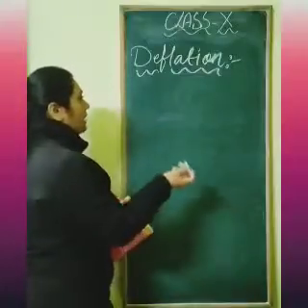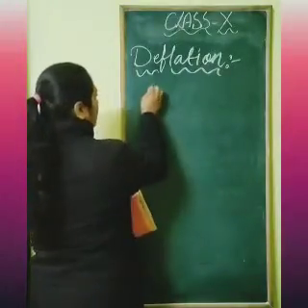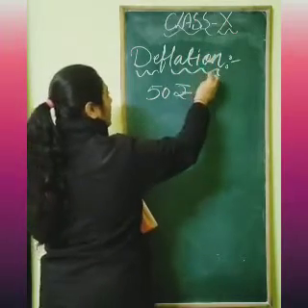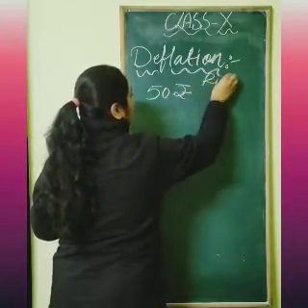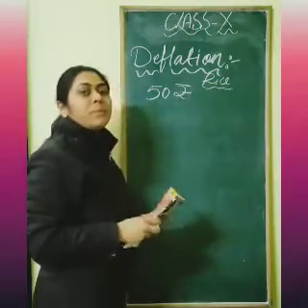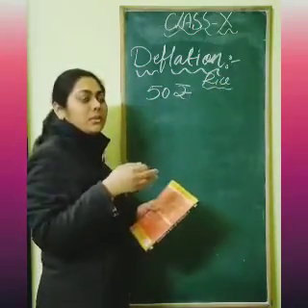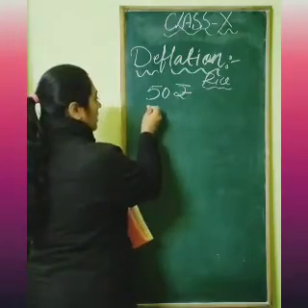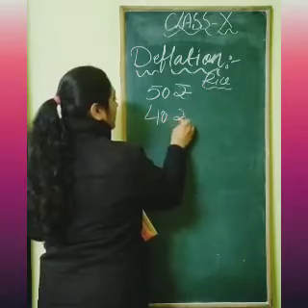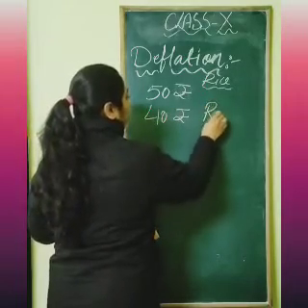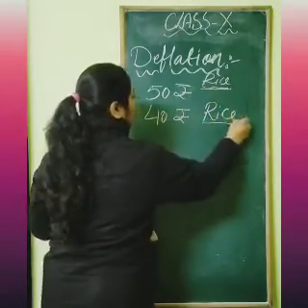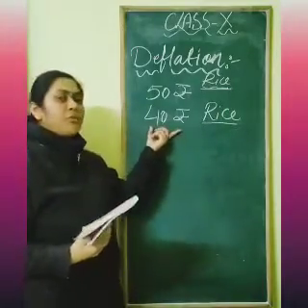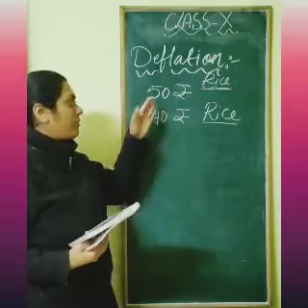For example, the price of rice was 50 rupees, but it has sustainably decreased to maybe 40 rupees, a sustained fall from 50 to 40.